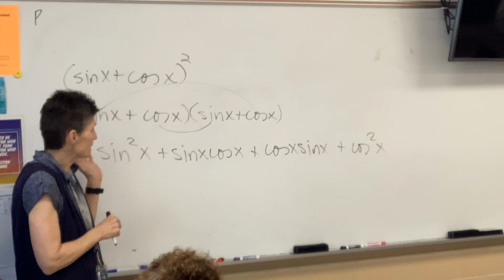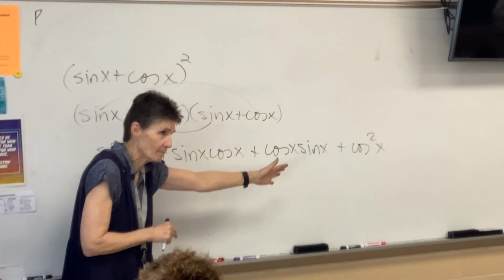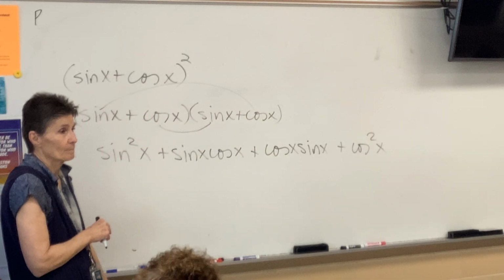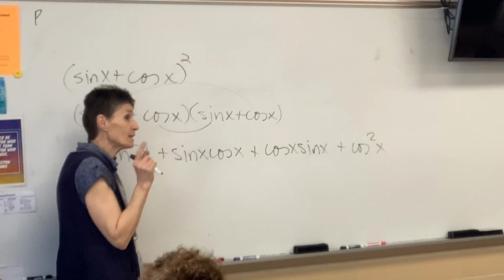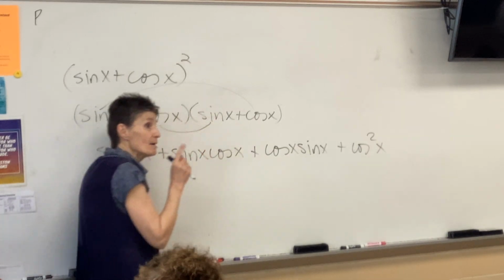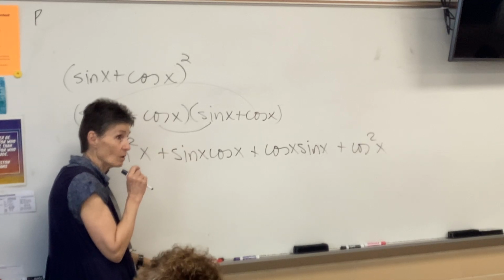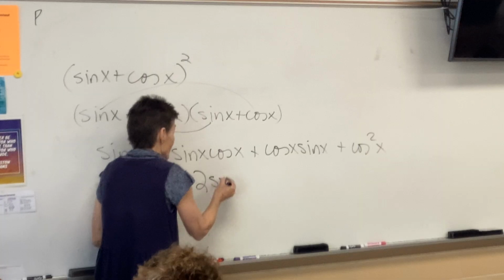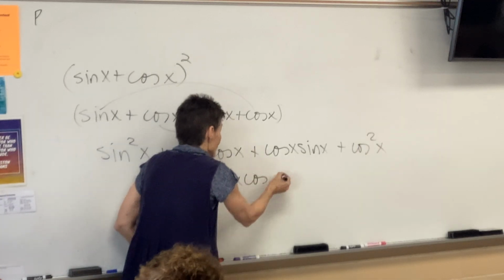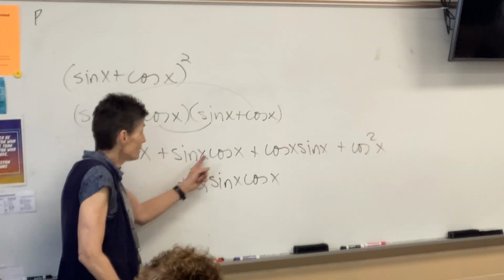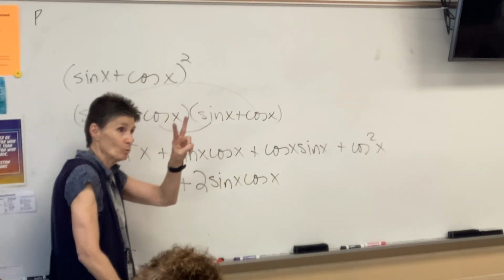Now, do you notice anything about what we have left? The middle doesn't cancel, Trey, because they're both positive. If one were negative, they would cancel. But since they're both positive, I have two of those. So I'm going to have two sine cosine.